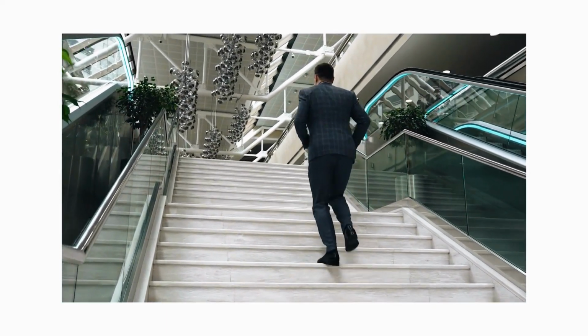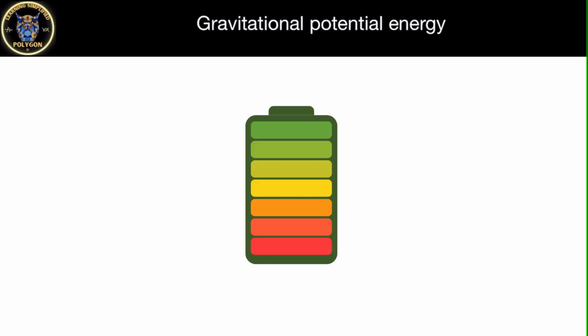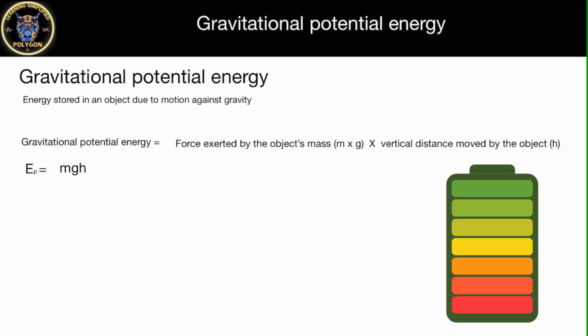This is the energy that gets stored in objects at an altitude as gravitational potential energy. And this energy is expressed as the product of object's weight, or the force it exerts on Earth's surface, times the altitude it gains, or more commonly written as EP equals m times g times h.